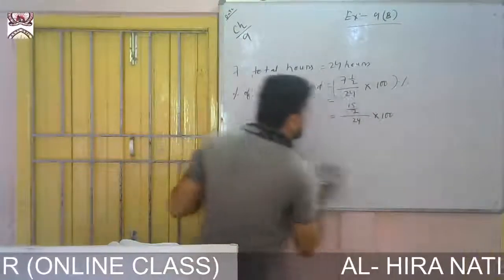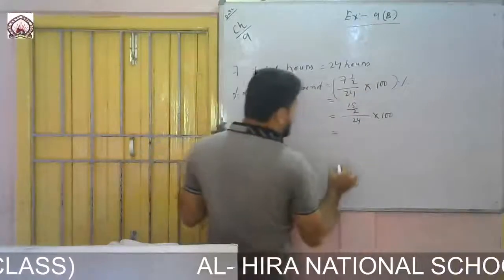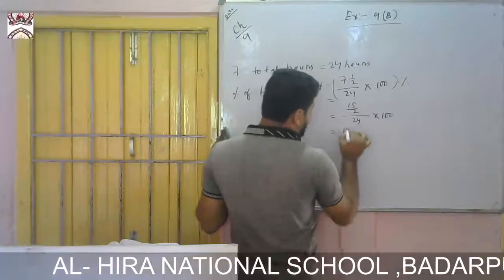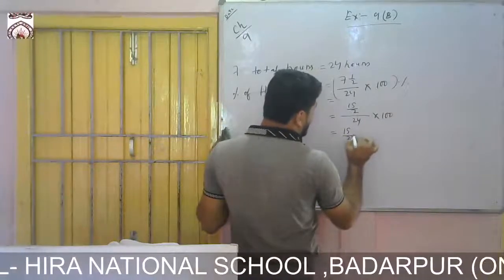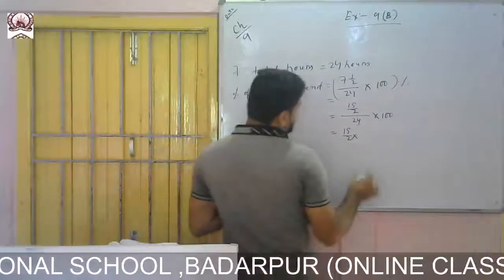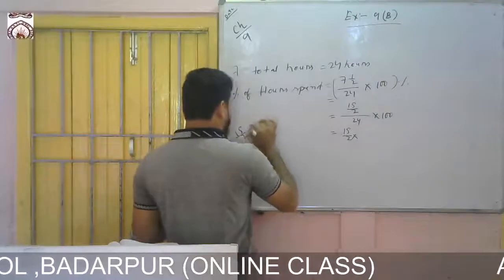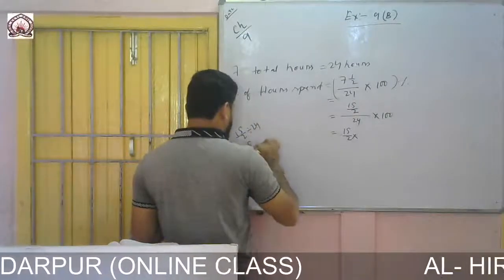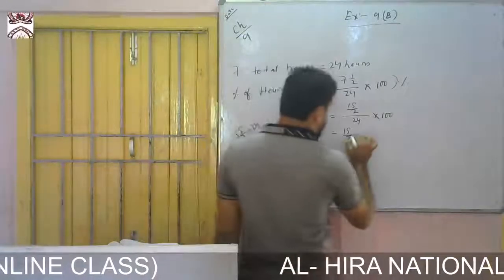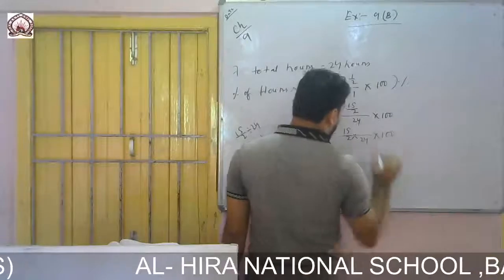How did 15 by 2 come? 7 twos are 14 and 1 is 15, so 15 by 2. Dividing by 24 is multiplying by 1 by 24, so it is 15 by 2 into 24, into 100.